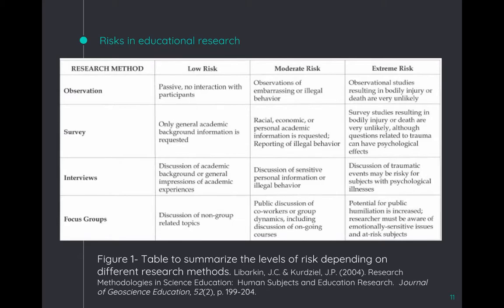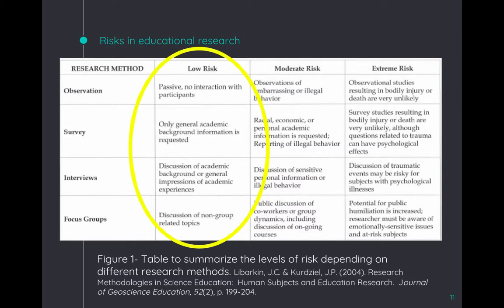When we consider risks in any sort of research, we can consider that there's a range from low, moderate, to extreme risk, and those can be associated with different types of research methods. If we look at this through the lens of educational research, generally the type of research that is done is considered to be low risk.